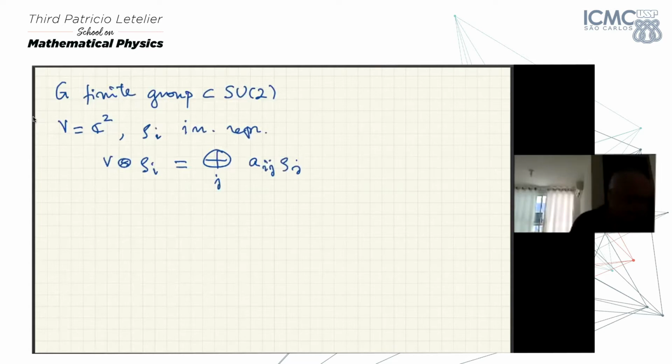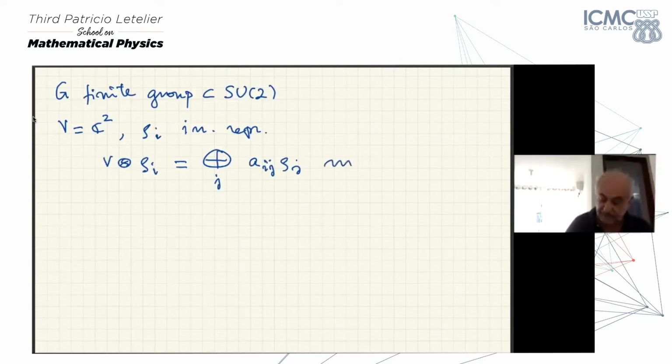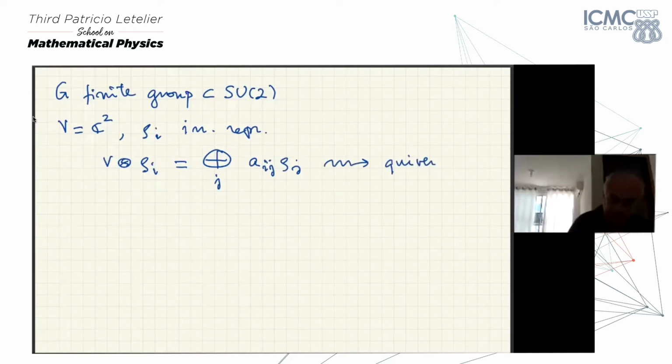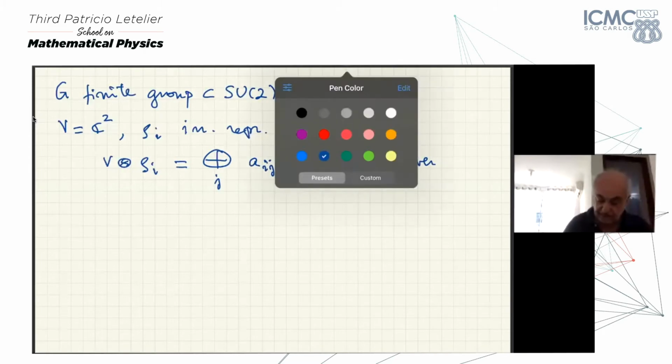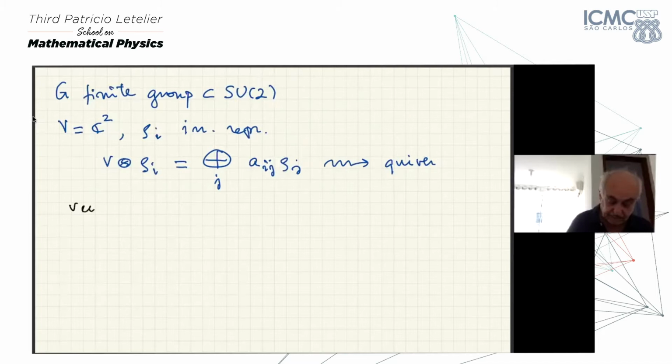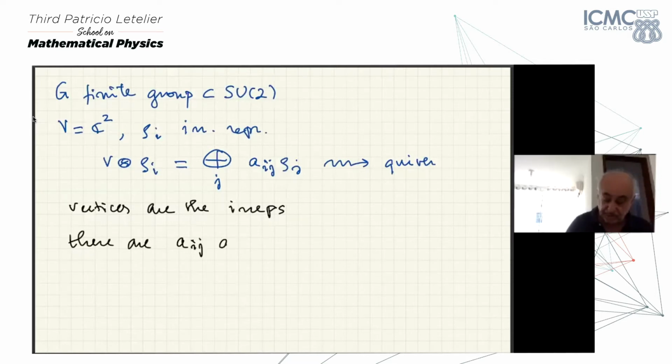Okay, and then to this you associate a quiver. A quiver in the following way: vertices are the irreducible representations, and there are A_ij arrows, so edges, actually they are not oriented, between the vertices i and j.